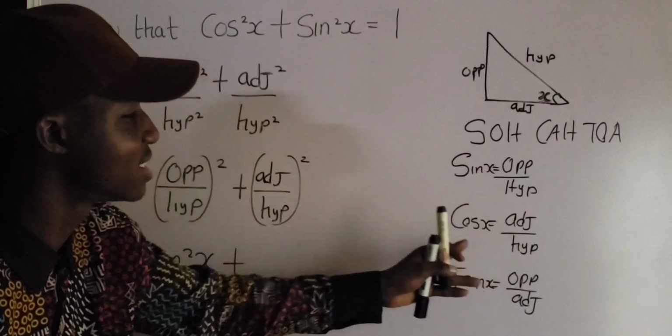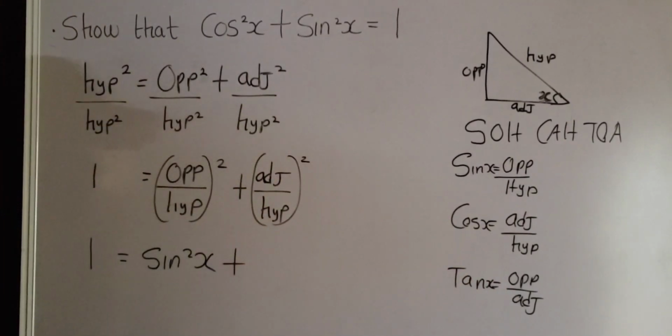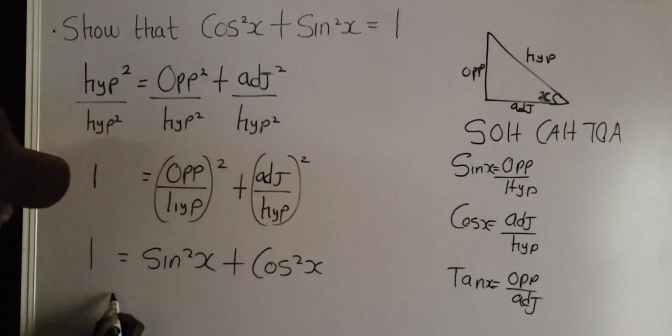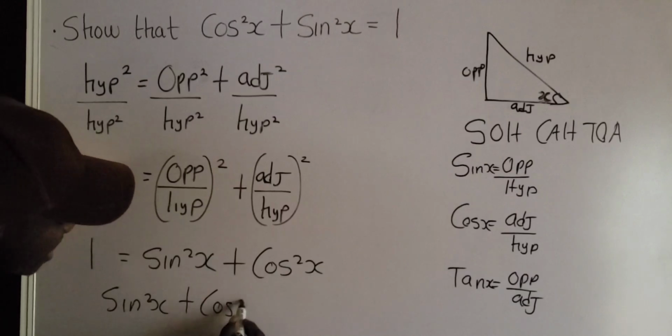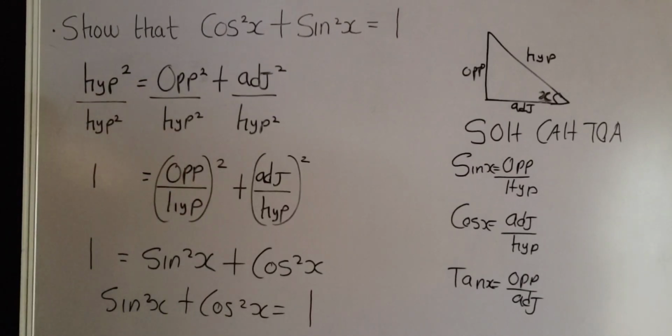Adjacent over hypotenuse is cos x, so adjacent over hypotenuse squared will be cos square x. Therefore, sine square x plus cos square x is equal to 1. So that is how we got the relationship that we use in differential calculus.